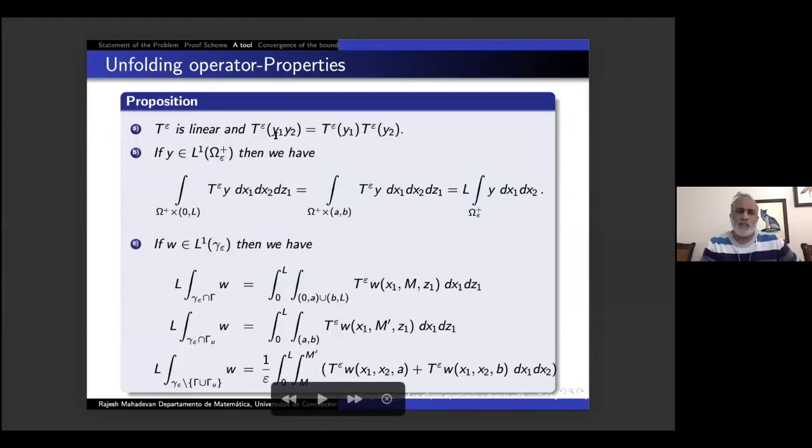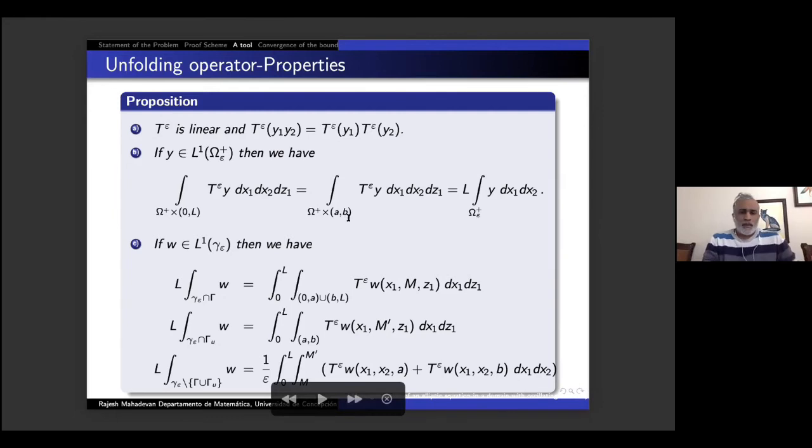It also converts products into products, and another important property is that the integral of the lifted function, let's call it t epsilon y, the unfolded function on this unfolded domain, is the same as the integral of the original function multiplied by a factor L, being the length or the volume, as the case may be, of the cell.